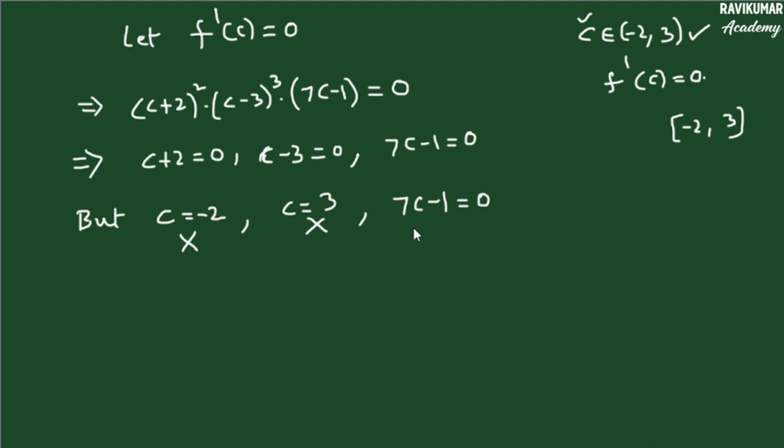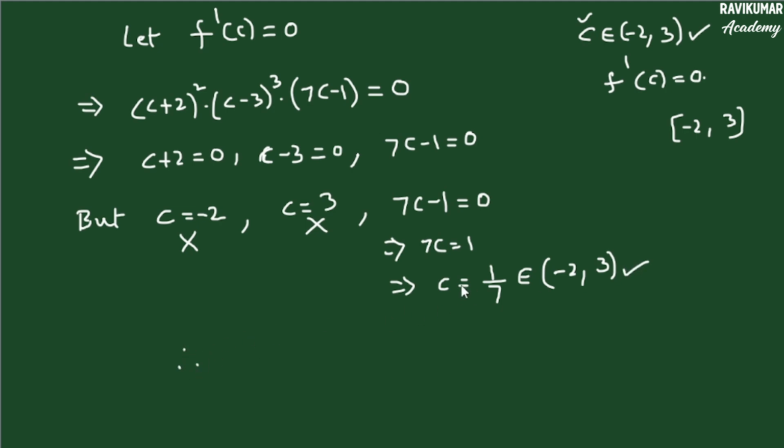From the third one, 7c minus 1 equal to 0 implies 7c equal to 1, that implies c equal to 1 by 7. So 1 by 7 is a quantity that belongs to the interval from minus 2 to 3. Yes, so whatever Rolle's theorem stated is true.